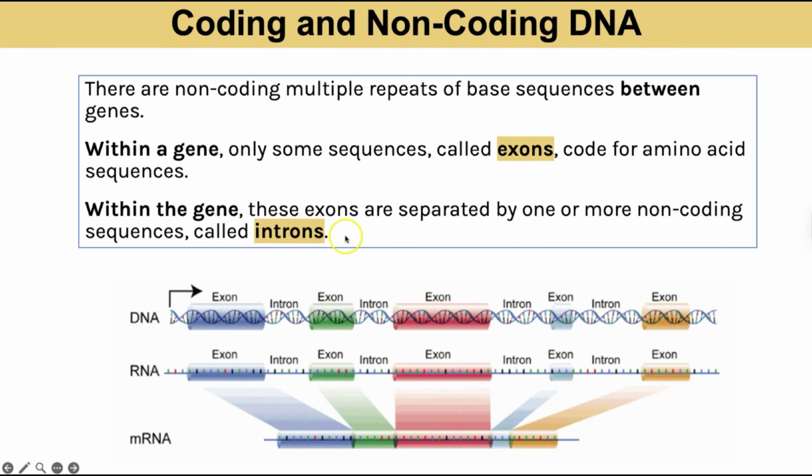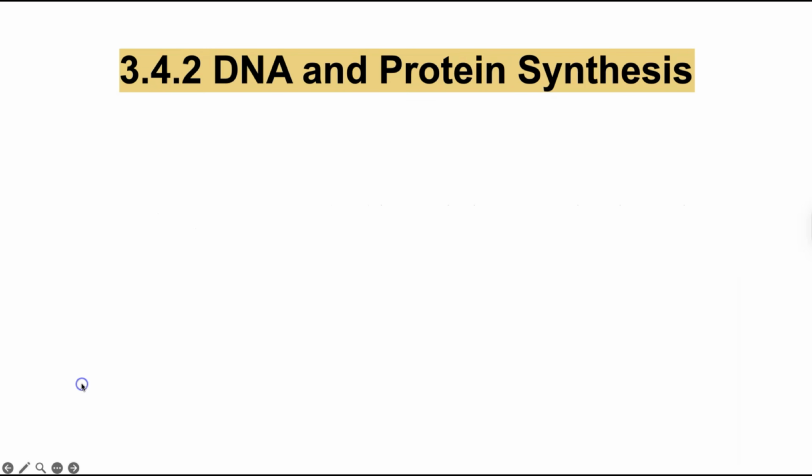And you also have sequences within a gene that do not code for sequences of amino acids, and those are known as the introns. So these non-coding sequences, you do have them between genes, but also within genes. And it's the ones that are within genes that are called introns, and those get removed during one of the stages of protein synthesis that we'll have a look at shortly.